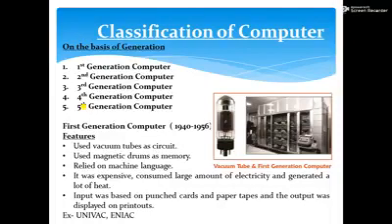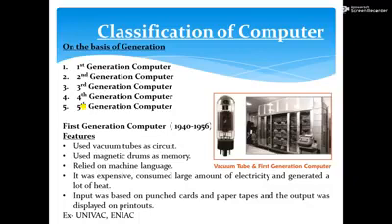The next feature is first generation computers use magnetic drums as memory. Again, the question is, what is a magnetic drum? A magnetic drum is a magnetic storage device used as the main working memory, similar to the RAM which is used by modern computers.